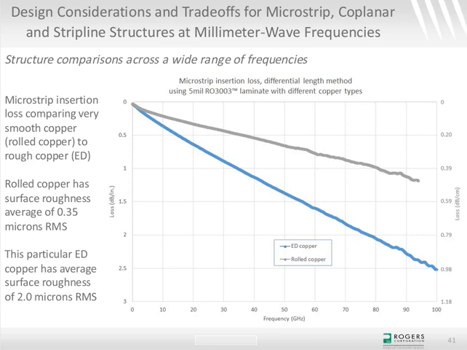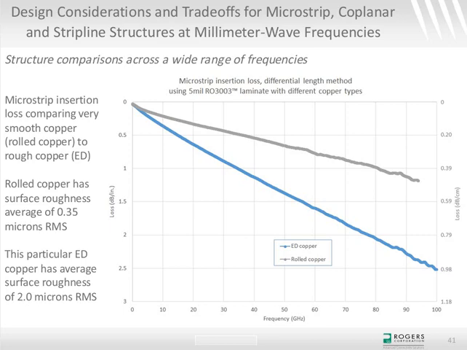So this substrate's used at 77 gigahertz a lot, and at around 77 gigahertz, you can see there is a big difference between the insertion loss curves, where the rolled copper is the gray curve and the blue curve is using ED copper, again, the exact same material, 5 mil RO3003, and at 77 gigahertz, there's about a 1 dB difference, and that is considered a very large difference and very beneficial to use rolled copper.